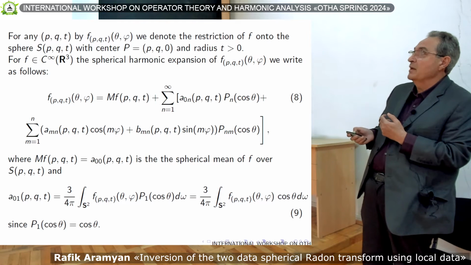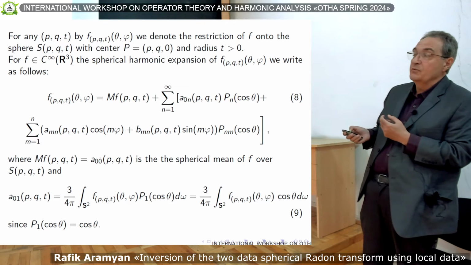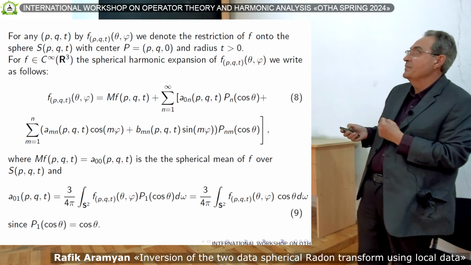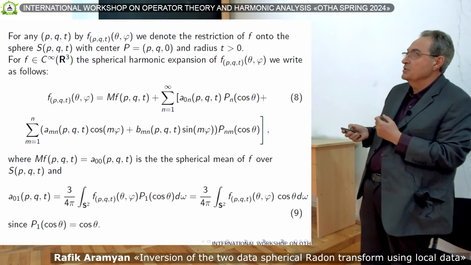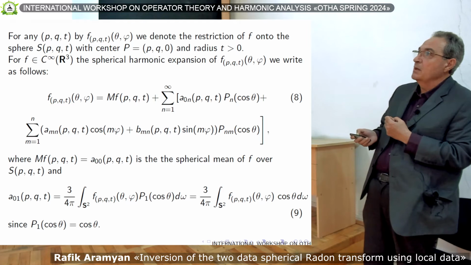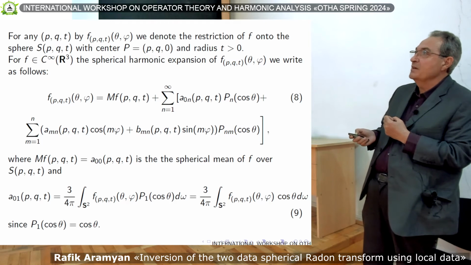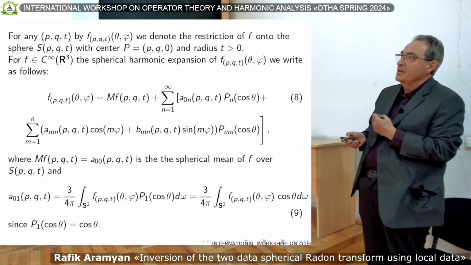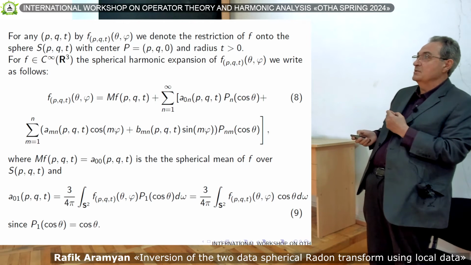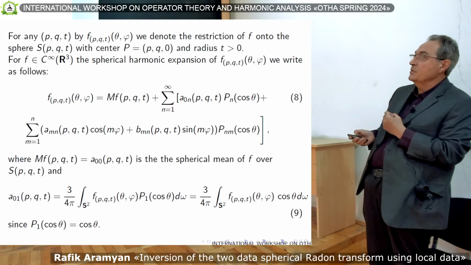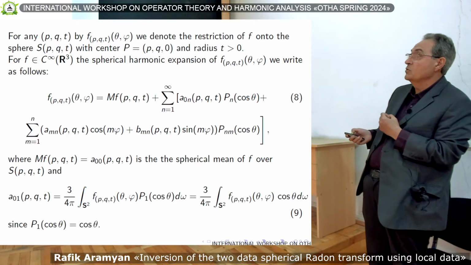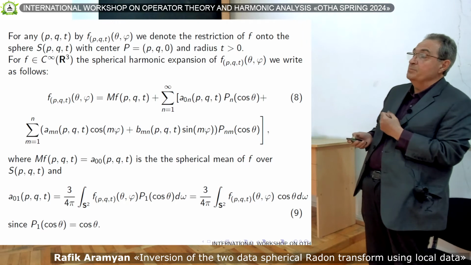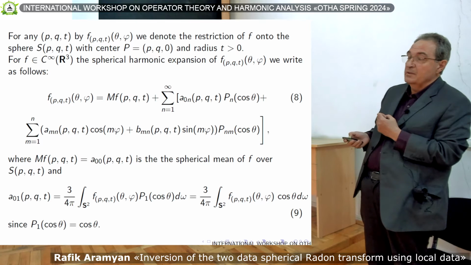Here both A_nm and B_nm are the Fourier coefficients, P_n are Legendre polynomials, and P_nm are associated Legendre polynomials, as we know. So the spherical mean is the first element, A00, and for the second coefficient, A01, we obtain these integrals, and of course it is the integral of f cosine theta, because P1 of cosine theta is cosine theta.